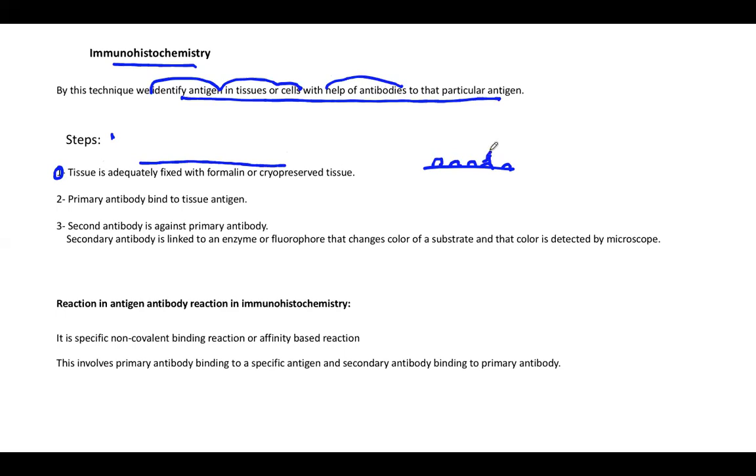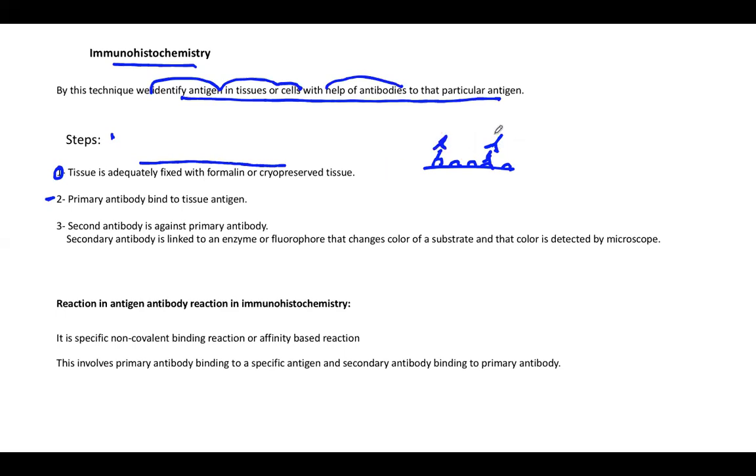So this antigen we want to identify, and what we do is first we have a primary antibody against it. So we have primary antibody which comes and attaches to this. If there is another cell which has the same antigen, then the antibody will attach here.